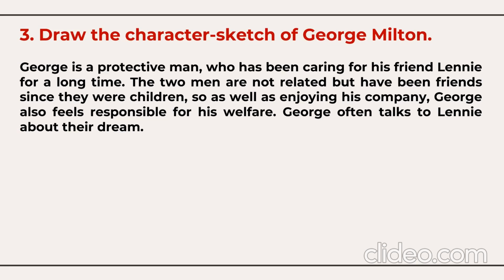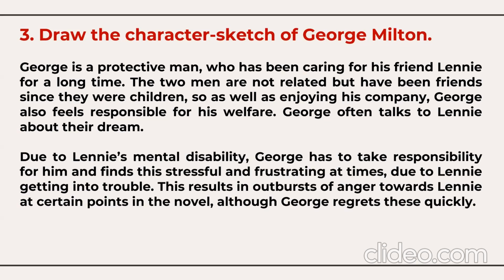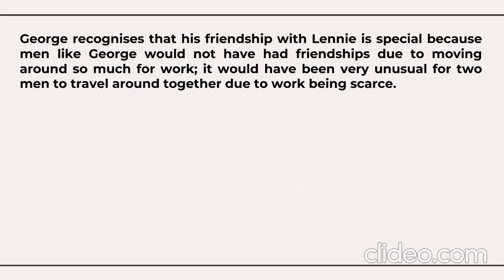George often talks to Lenny about the dream. Due to Lenny's mental disability, George has to take the responsibility for Lenny and finds this very stressful and very frustrating, so many times due to Lenny getting into trouble. This results in outbursts of anger towards Lenny at certain points in the novella, although George regrets these very fast.